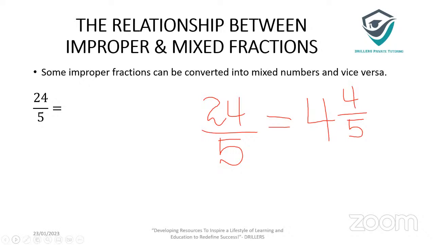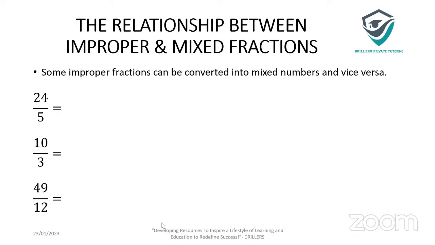Right, so let's look at another example. We have 10 over 3, or 10 thirds. We did 24 over 5 and got 4 and 4 fifths. So let's look at 10 over 3. We have to ask ourselves, how many times can 3 go into 10?